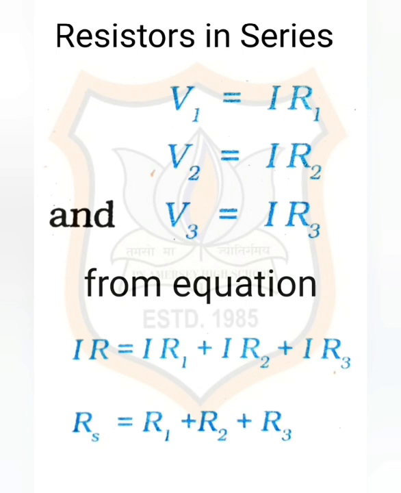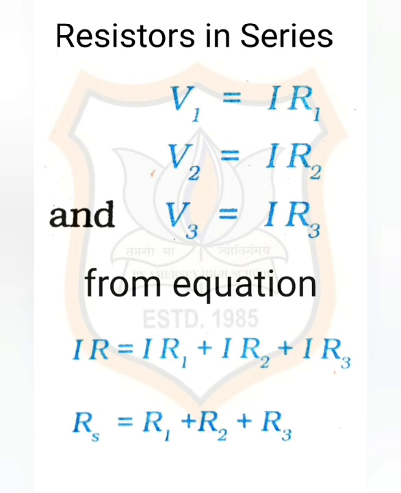On applying Ohm's law to the three resistors separately, we can write V1 is equal to I R1, V2 is equal to I R2 and V3 is equal to I R3. Hence I Rs is equal to I R1 plus I R2 plus I R3, or simply Rs is equal to R1 plus R2 plus R3. Thus, the equivalent resistance Rs of the series combination is equal to the sum of the individual resistances and is thus greater than any of the individual resistances.